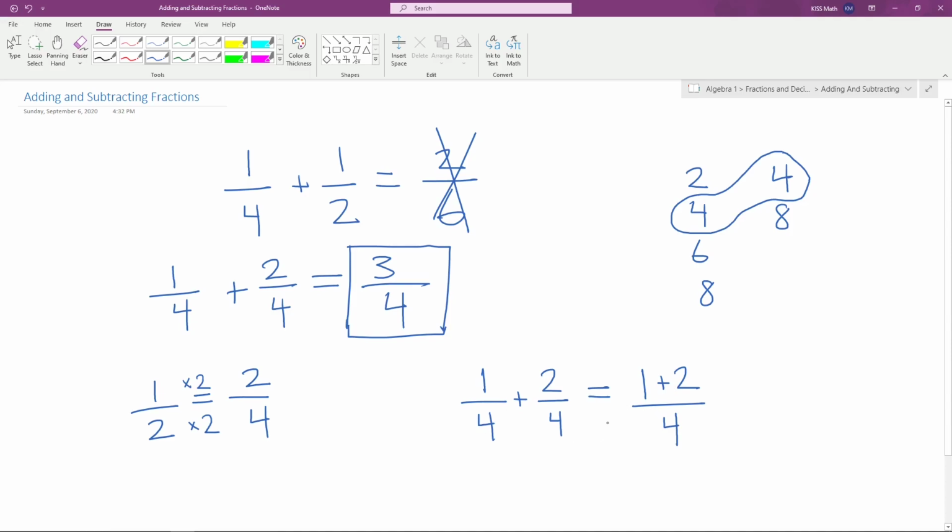I like to think of it like the fractions that have the same denominator are all on the same radio frequency. In this case, a radio frequency of 4, and they can talk to each other by adding or subtracting. When we had 1 over 4 plus 1 over 2, they couldn't talk to each other because they're on different frequencies.